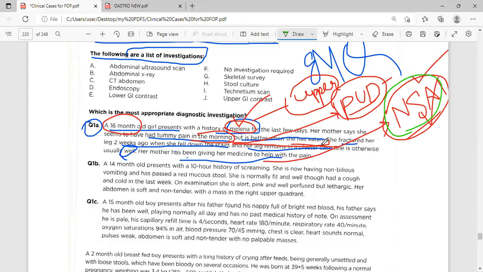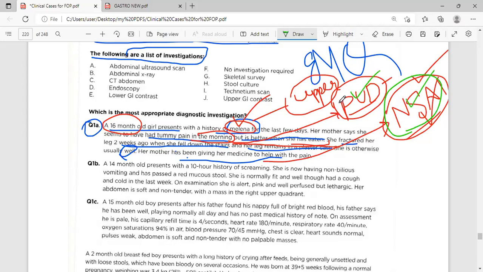As you know, the FOP exam, that is Foundation of Practice, is basically all clinical questions. By clinical question, it does not mean that they're going to ask you directly about the clinical features of peptic ulcer disease or the investigation. No, they're going to twist the question. In this question, they did not mention PUD, they did not mention NSAID.